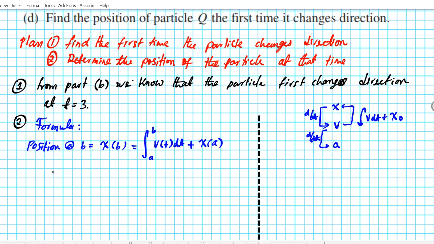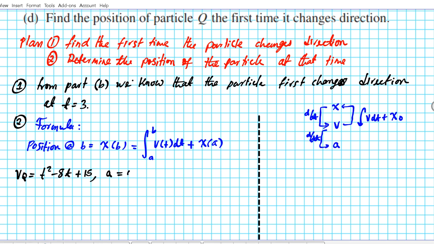Now, in this particular problem, we have the velocity function. Let's rewrite the velocity function again. So v of t is t squared minus 8t plus 15. We need a. A is the lower bound on the interval. So we know what the position was at 0, right? So we're just going to use that.